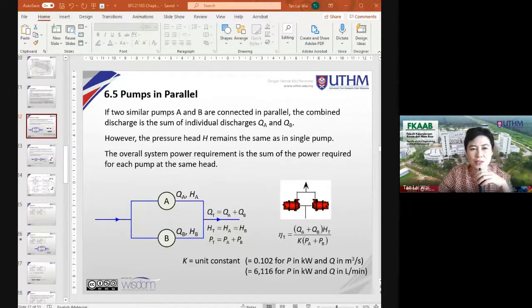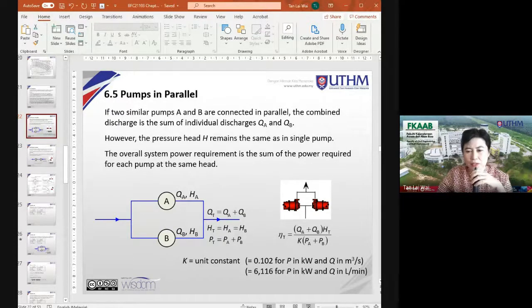The power will be the same though. The power of the total system, regardless of whether the pumps are arranged in series or parallel, is actually the summation of the power produced by pump A and pump B, or if with more than two pumps, that means the summation of all the powers provided by all pumps.